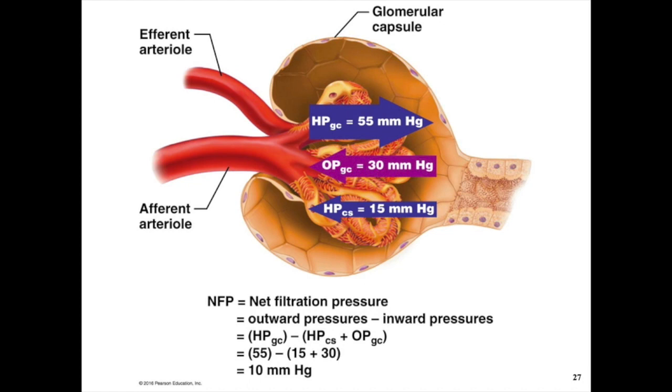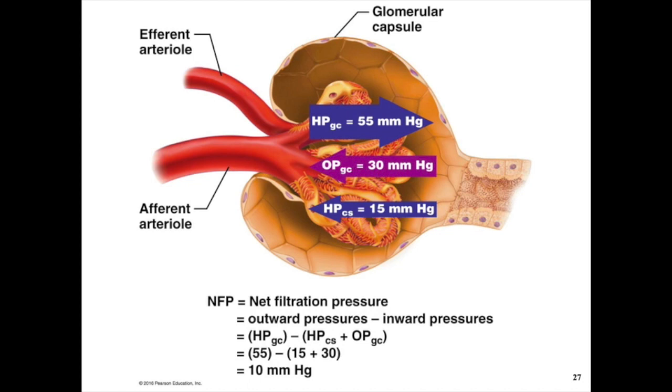When you go into pathophysiology, you may understand that if you increase the hydrostatic pressure inside of the capsule, you are opposing the filtration. This rarely occurs, but for example, imagine a stone blocking the renal pelvis. This increases the pressure in the tubules, which then increases the pressure in the glomerular capsule.